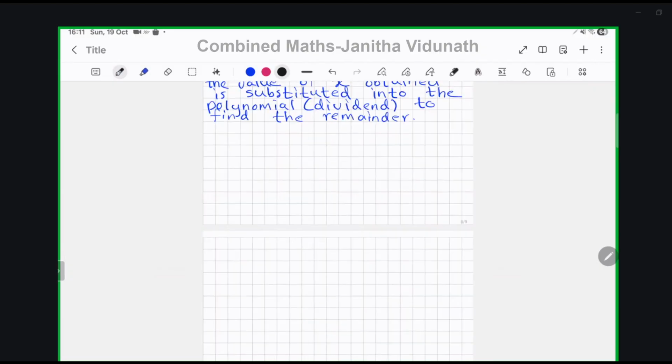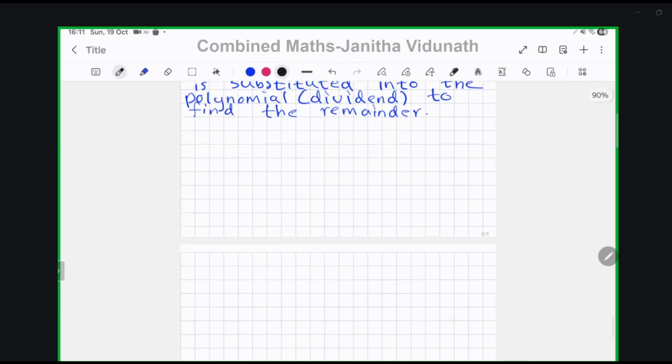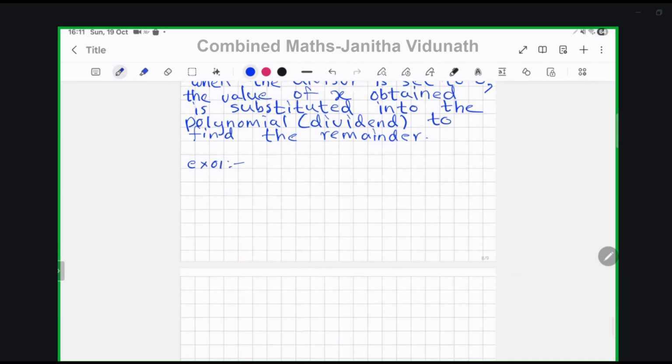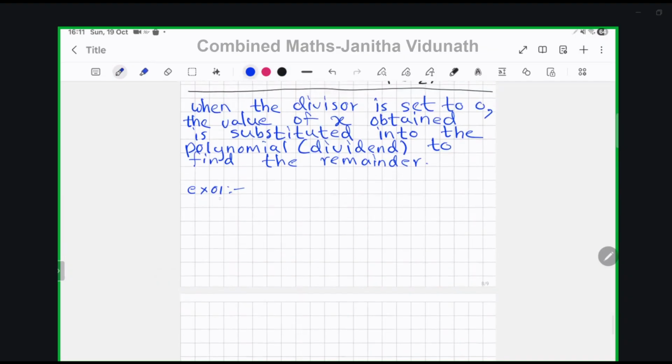Now I am going to solve some examples related to the remainder theorem. Let me give example 1. Write down with me.